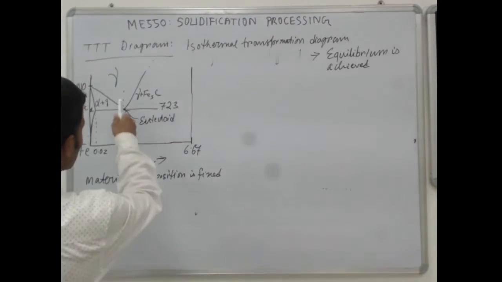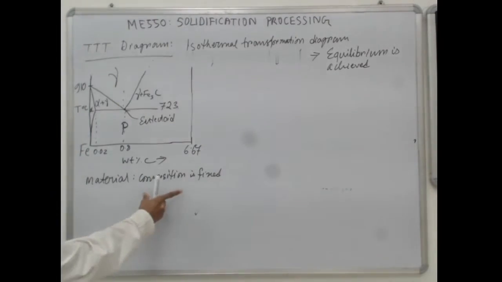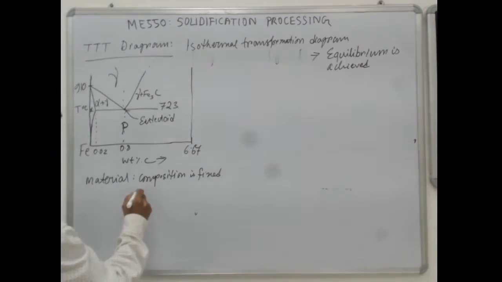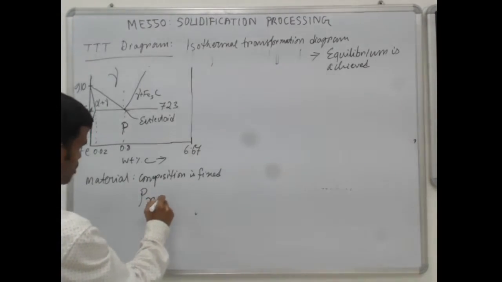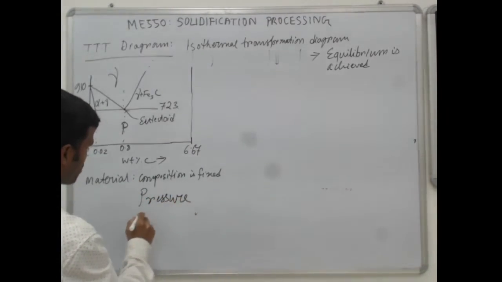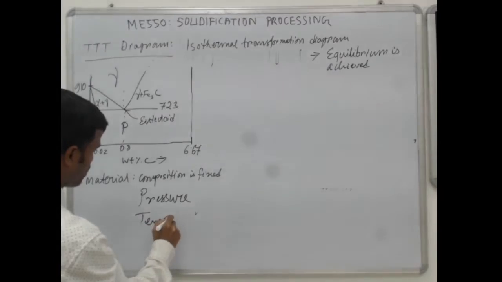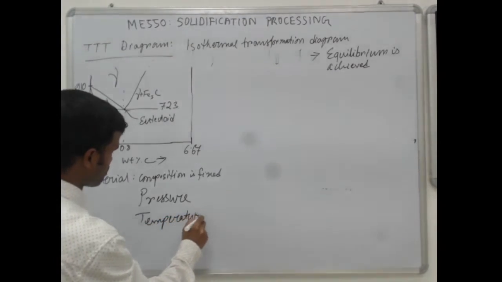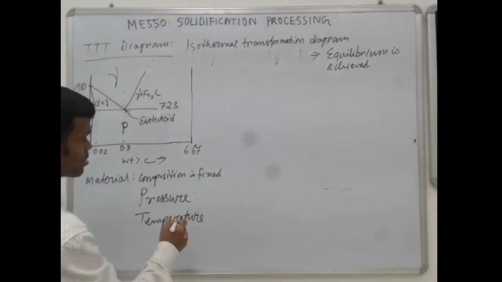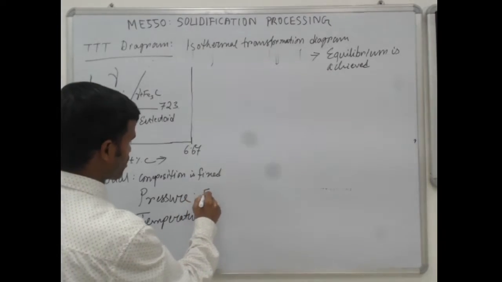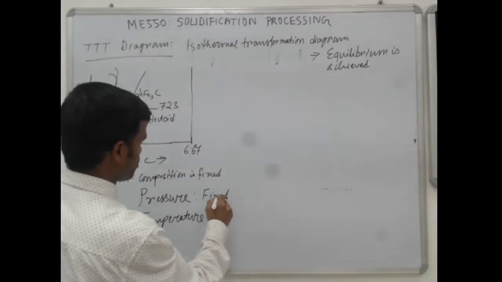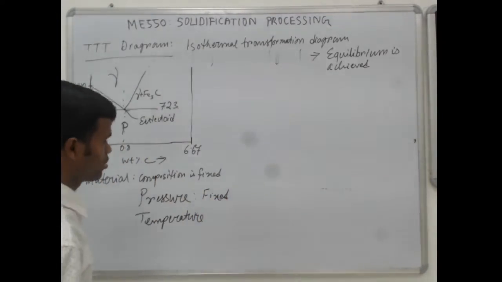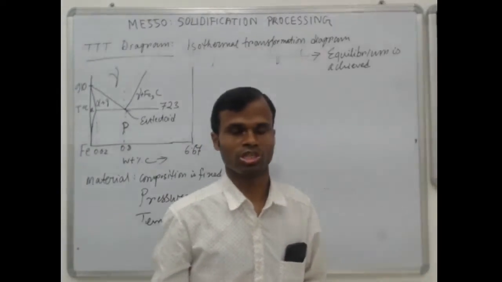So once you have a particular material, the composition is fixed, and the thermodynamic state variables are composition, pressure and temperature. Pressure is also fixed here, because this is done at a particular constant pressure.